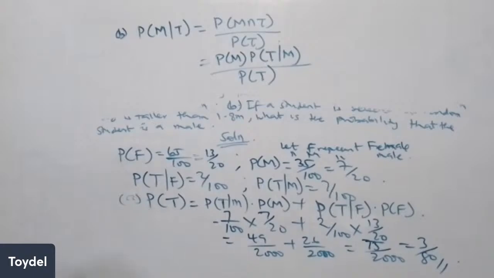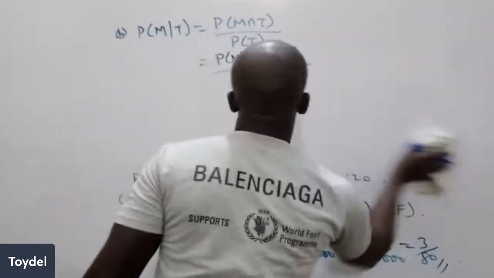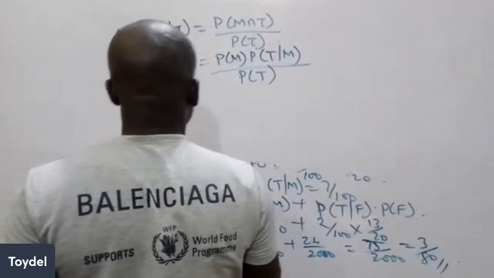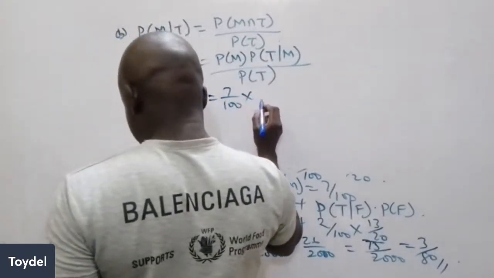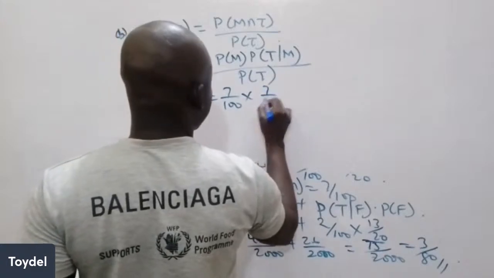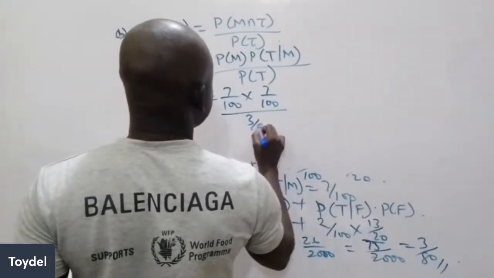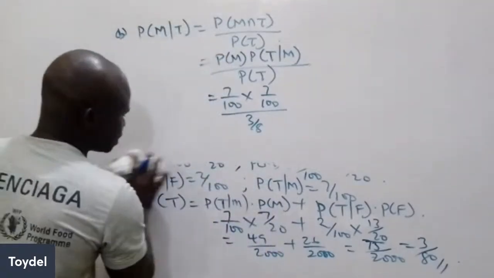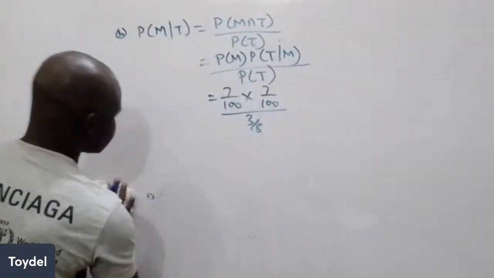Then from there, what do we have? What is probability of male? That will be 7 all over 100 multiplied by 7 all over 100 again, then divided by 3 all over 80. We have gotten the probability that the student is tall.